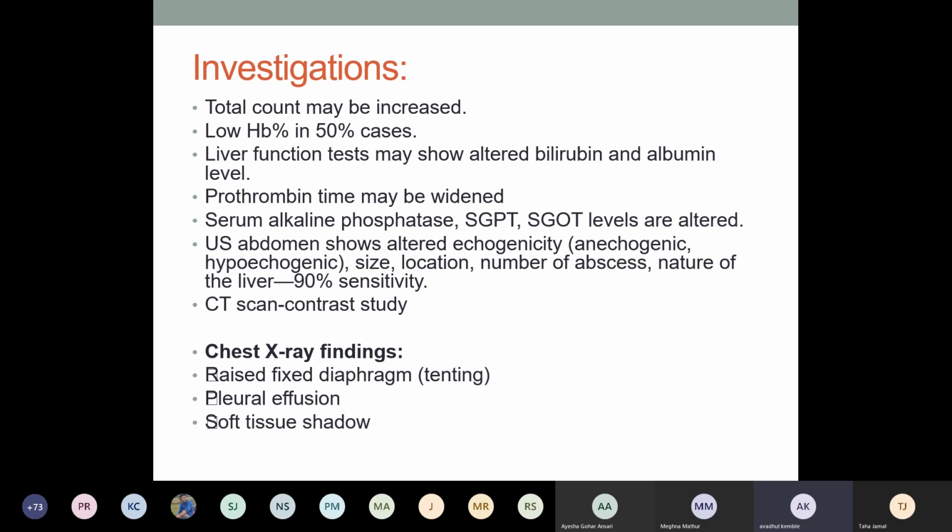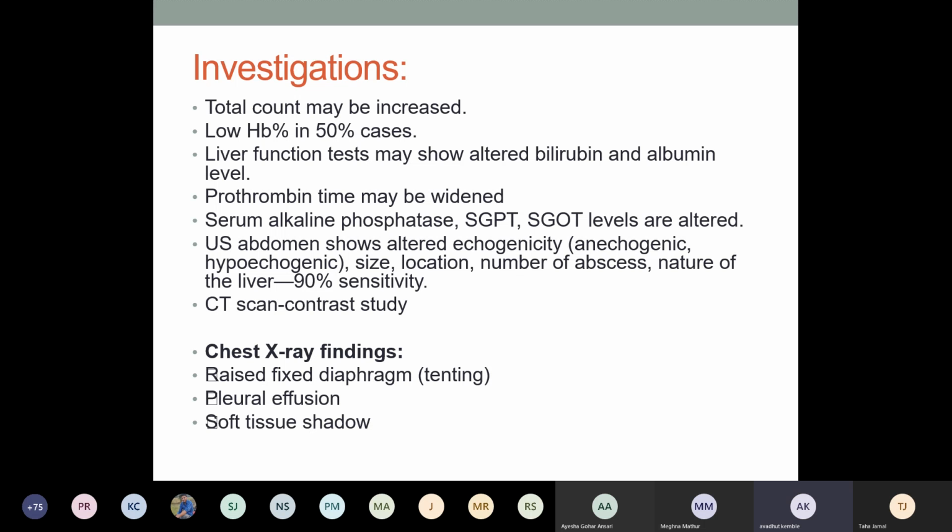Liver function tests may show altered bilirubin and albumin levels. Prothrombin time may be widened. Serum alkaline phosphatase, SGOT, SGPT levels are altered.